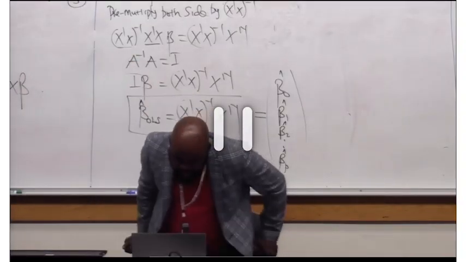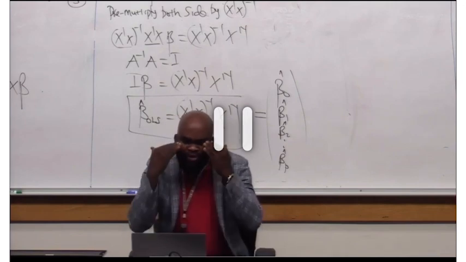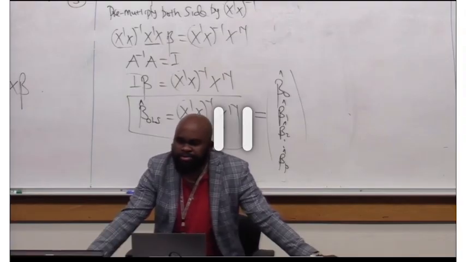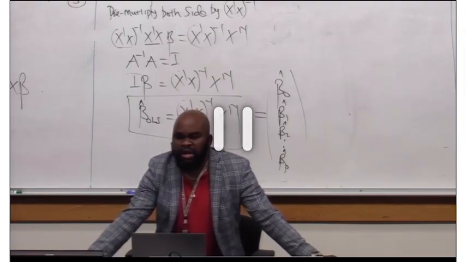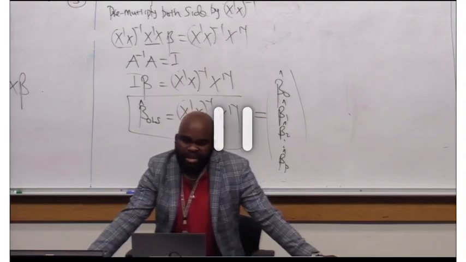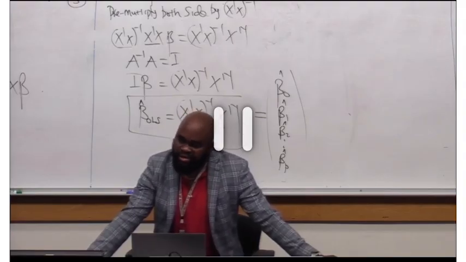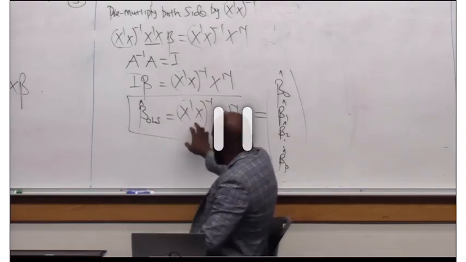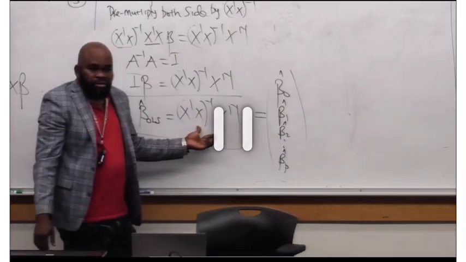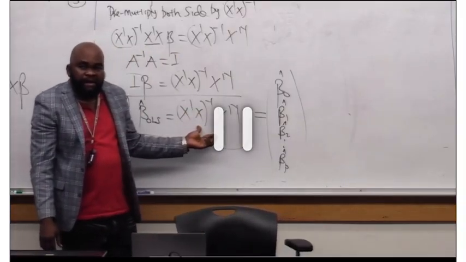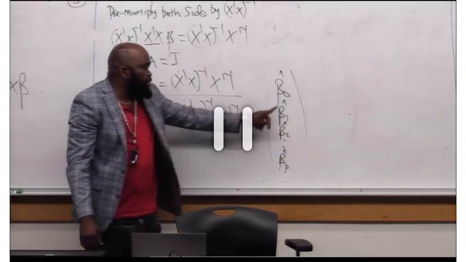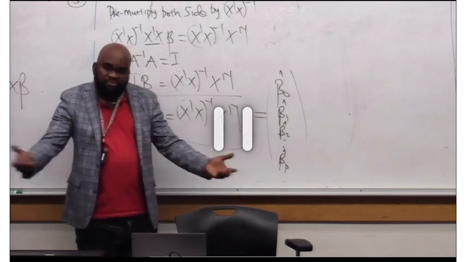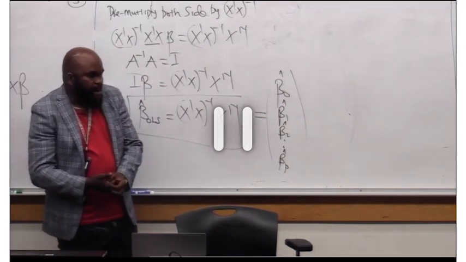Now, for you to understand how we use the matrix approach for multiple linear regression, I want us to first start using the matrix approach for simple linear regression. Please pay attention. Depending on the number of parameters in my model, I can use this method to obtain beta naught, beta 1 in a simple linear regression, and at the same time use it to estimate multiple parameters.